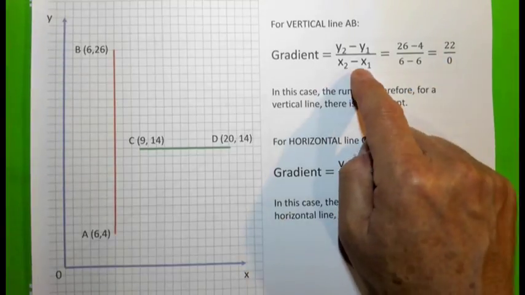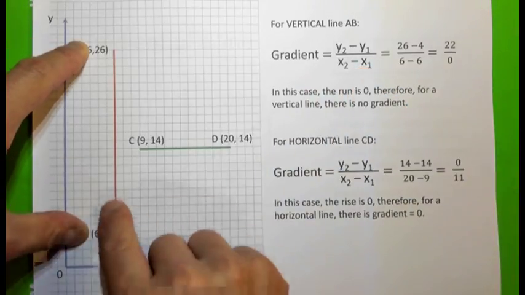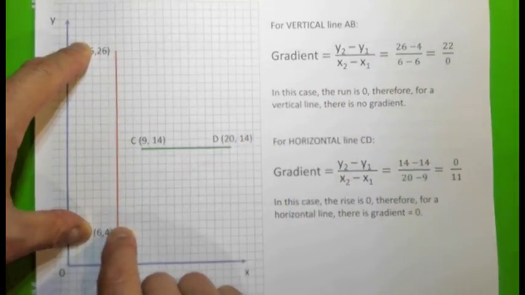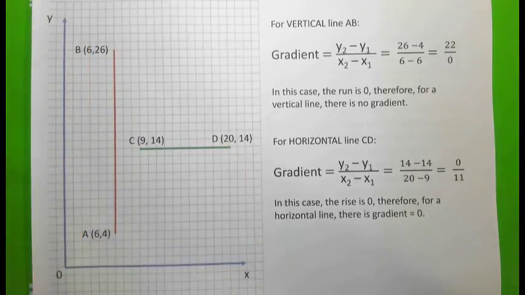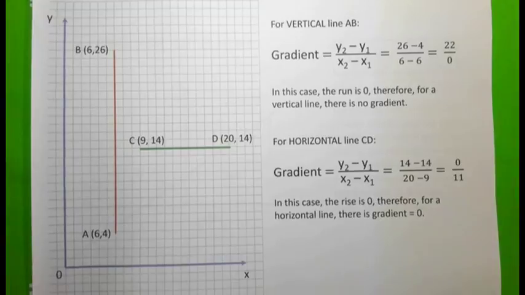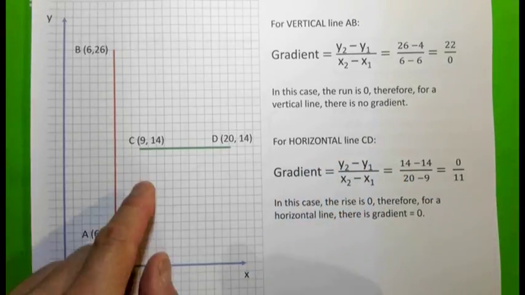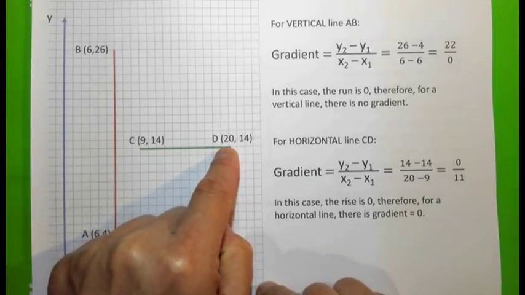Whereas there's actually no change in x because it's 6 minus 6, a vertical line. There's no horizontal movement at all. We're just moving up. So in this case, the run is actually 0, and therefore for a vertical line, there is no gradient.